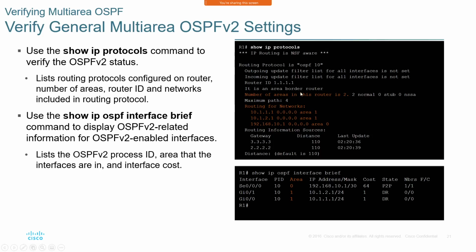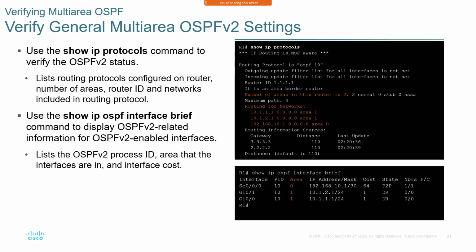Now, this example here shows us the number of areas that this router is connected to. It shows us if there's any access control list filtering information. We have the router ID information as well. We have the information saying if it's an area border router, an autonomous system border router, or just an internal router.